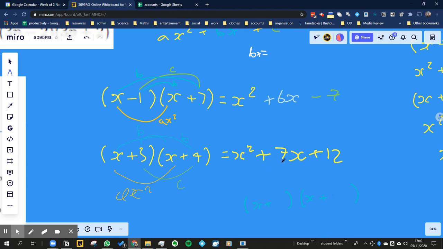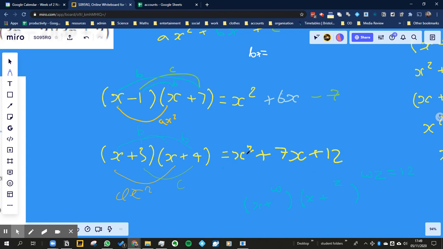Well, we know that the two numbers, whatever they might be, let's call this one w, and this one z. We know that w times z is going to equal 12, because that's how I got to 12. I did 3 times 4.